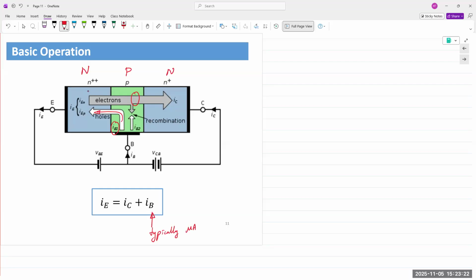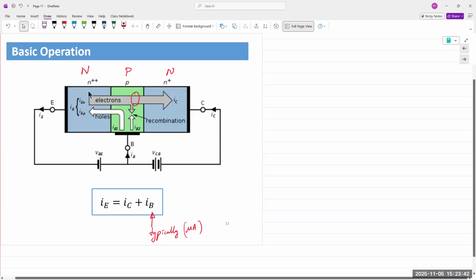Typically in microamps, right? Just tens of microamps. That's all. Even in the lab, when you simulate this, we're applying a base current of 10 microamps, 20 microamps, 30 microamps. So very, very small, right? Typically in microamps. And again, that's a result of the doping.